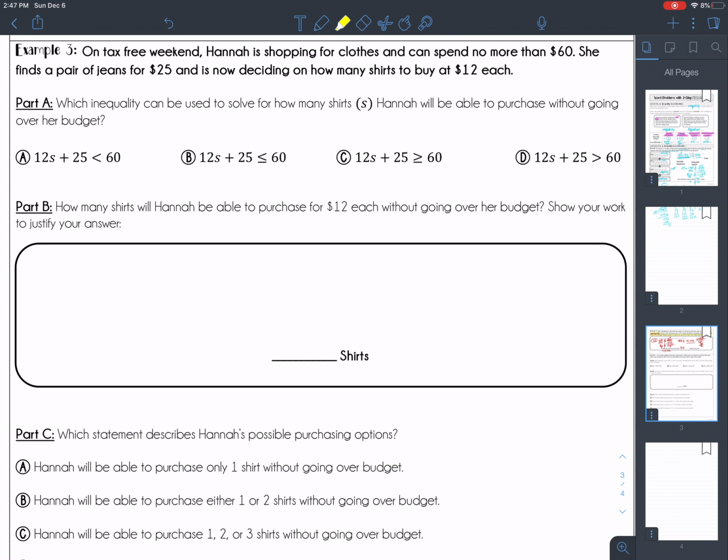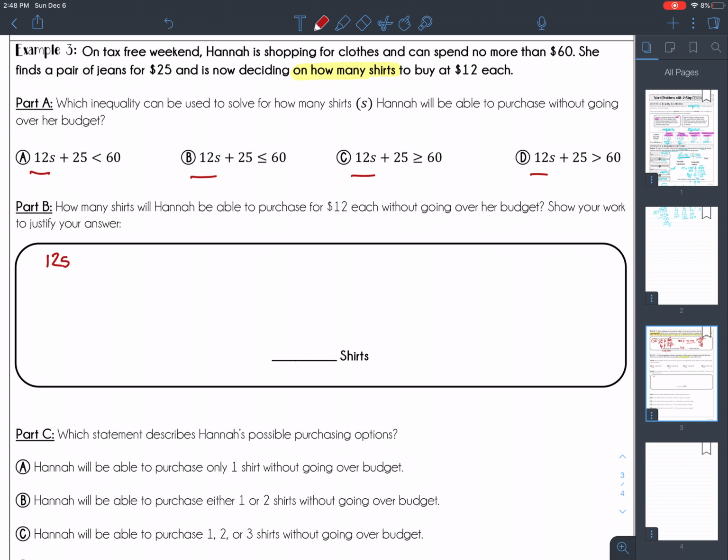We're talking about how many shirts, and that's the thing that we don't know. That's the unknown quantity here. So we know they're $12 each, so it's going to be $12 times the amount of shirts she buys. And you can kind of see that it's multiple choice leading you into knowing that it's 12S.